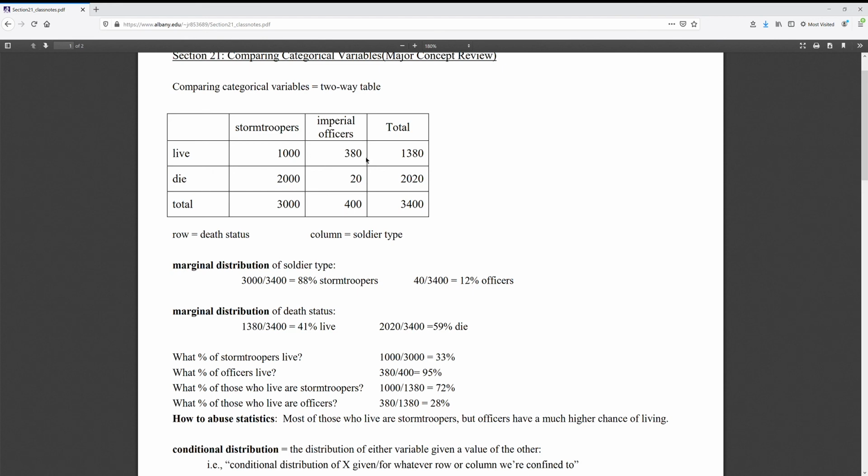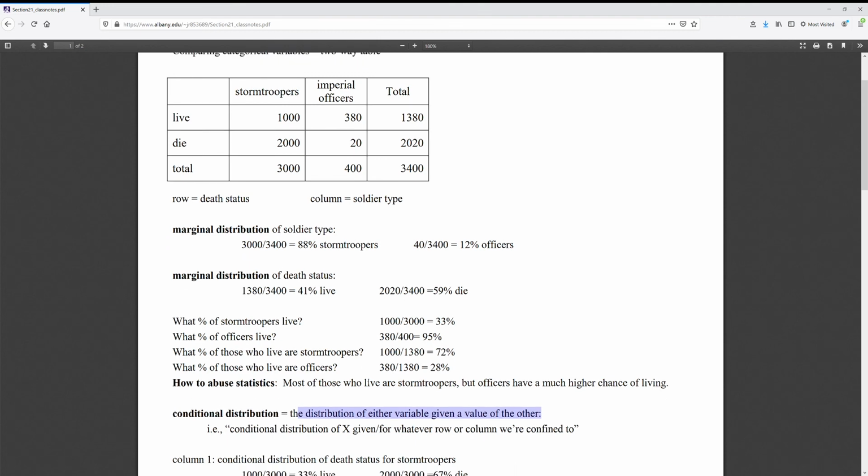So in other words, how one variable is distributed on the condition that you happen to be a particular value of the other variable. The conditional distribution of one variable given a particular value of the other. The conditional distribution of x, or whatever it is you're talking about, for whatever row or column you're talking about.